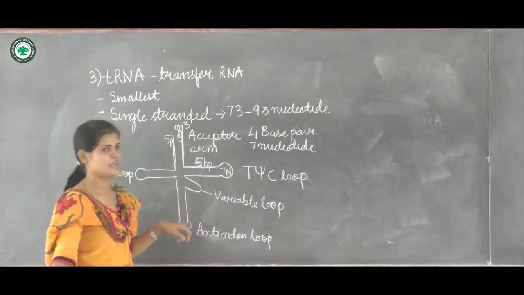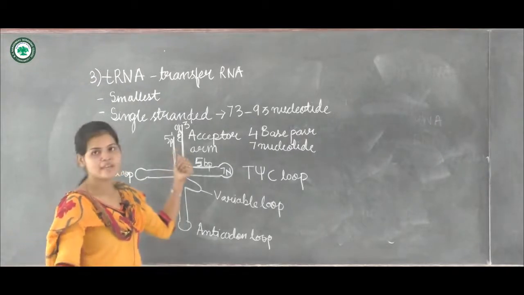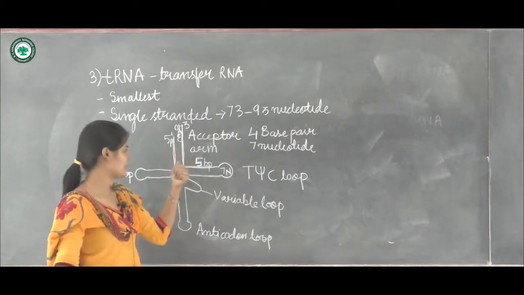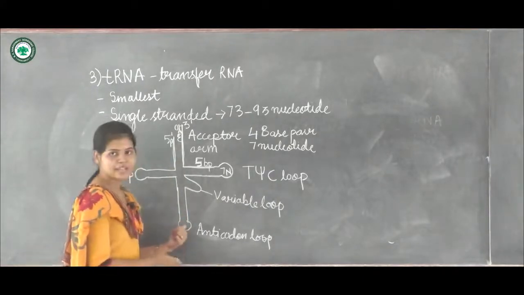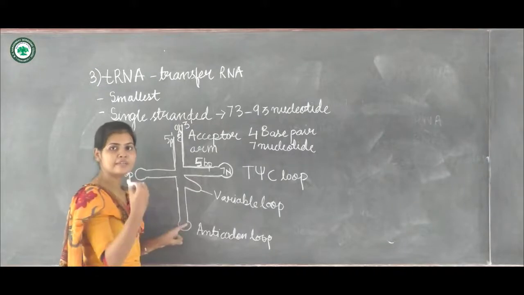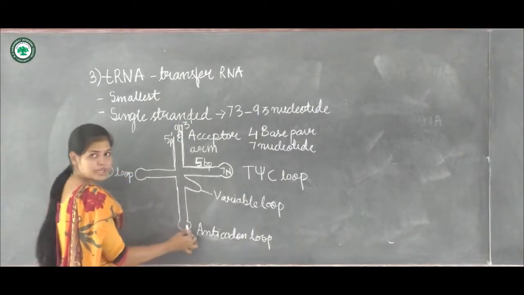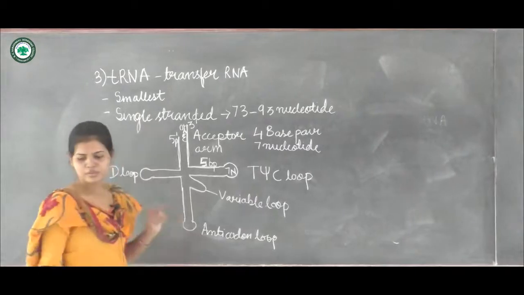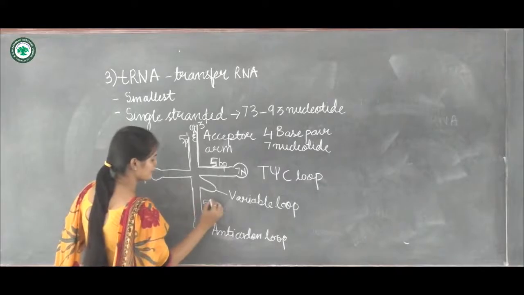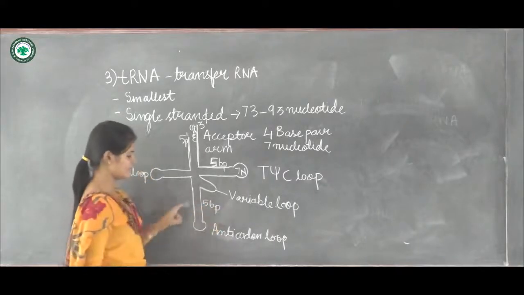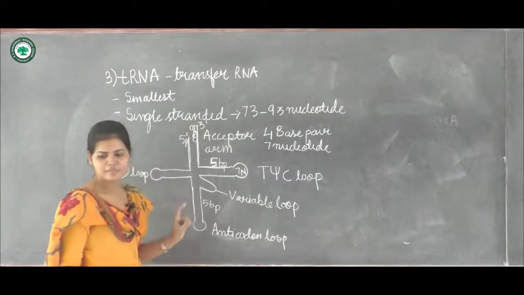When this tRNA charges, or carries, an amino acid for protein synthesis, there will be a reaction between this anticodon and the codon which is present on the mRNA. The anticodon stem has 5 base pairs.